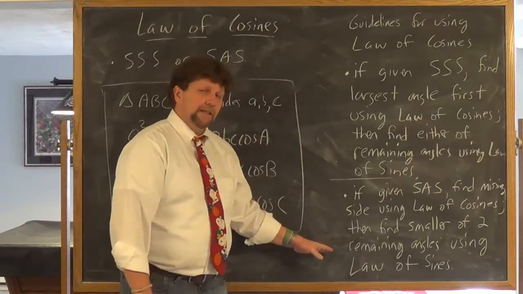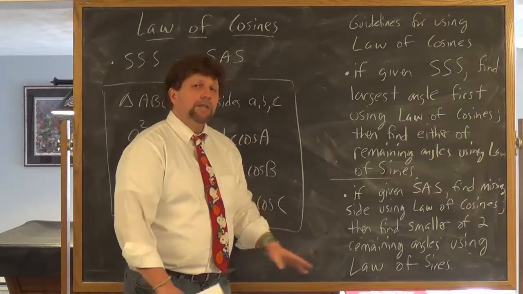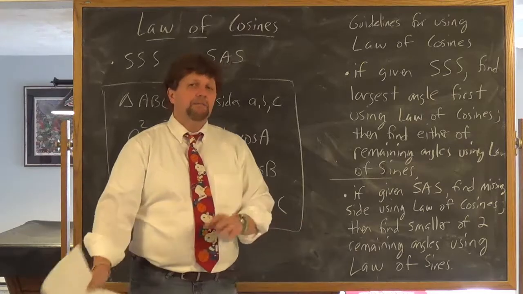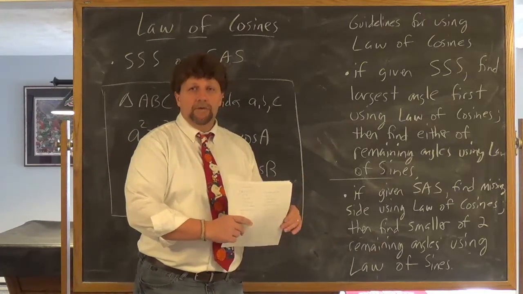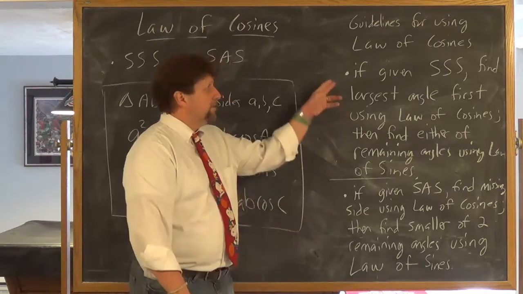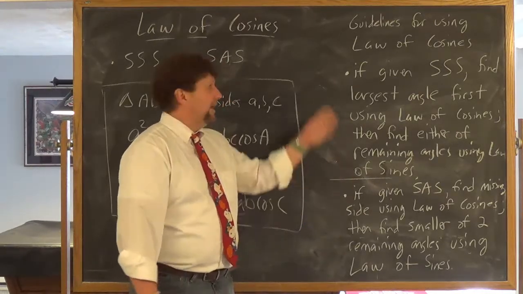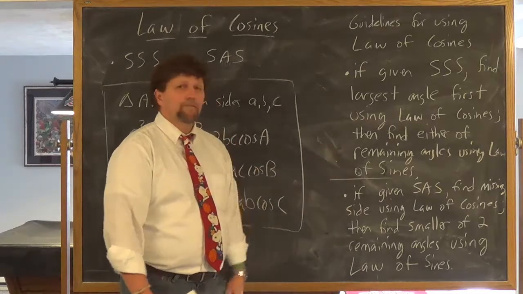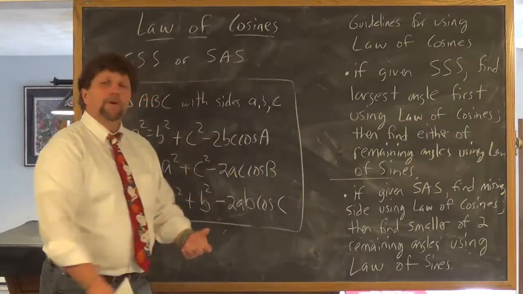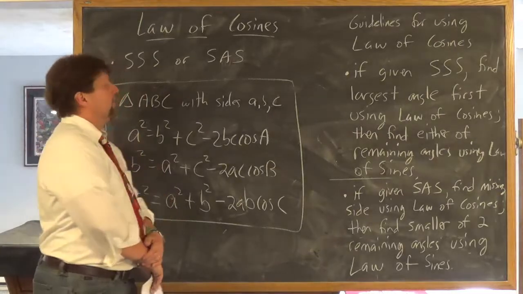The guidelines I'm giving you here will completely eliminate any possibility of you inadvertently going into the ambiguous case of the law of sines. So these guidelines are going to make your life easy. So know them.